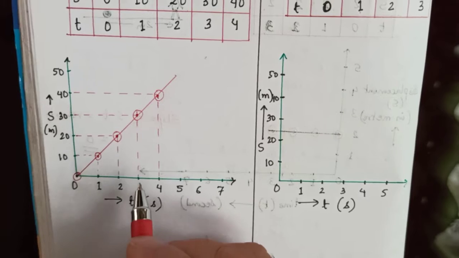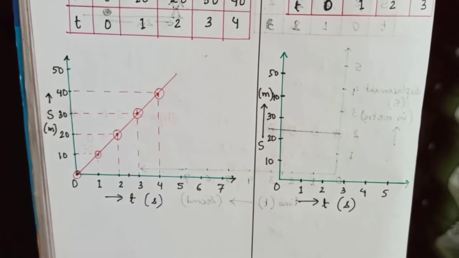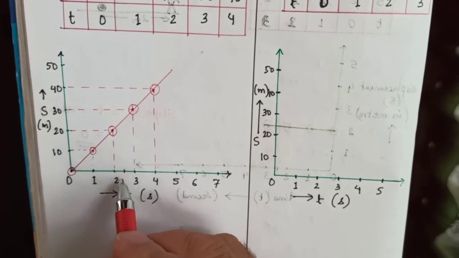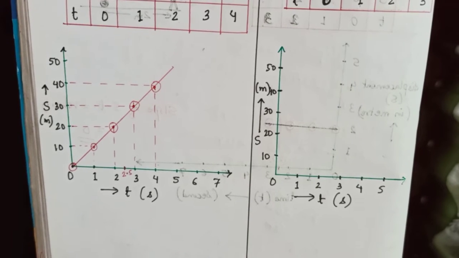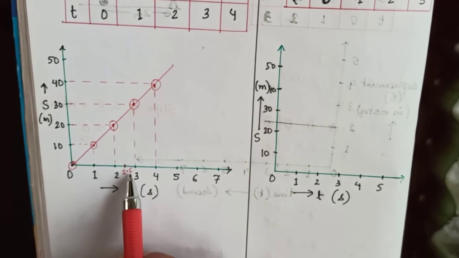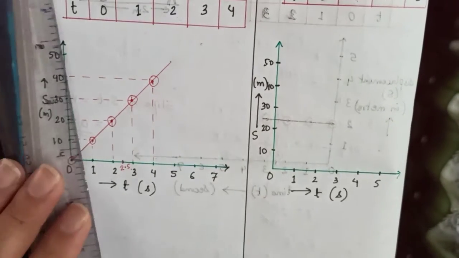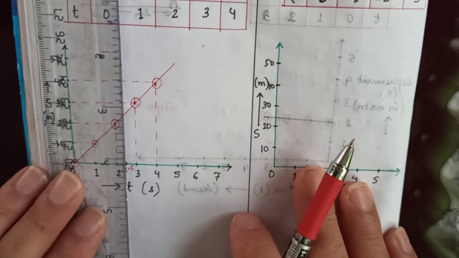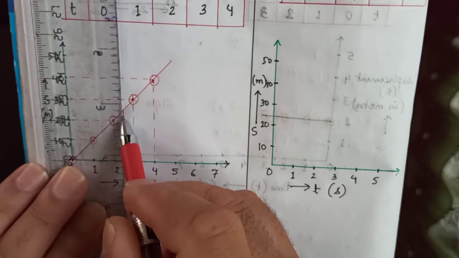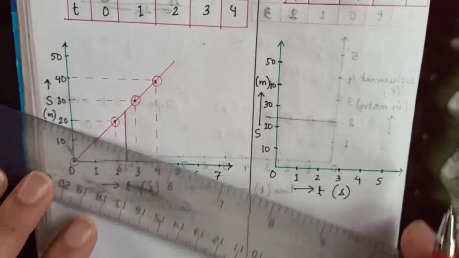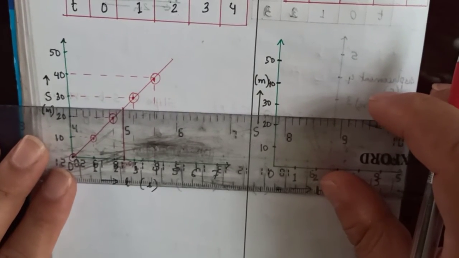Now let's say if we want to know what is the displacement of the body after 2.5 seconds, then from the graph we can draw a line like this from 2.5 on the graph line, and again from this point we drop perpendicular on the displacement axis.